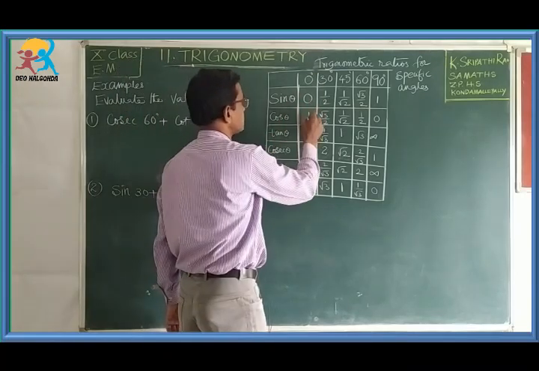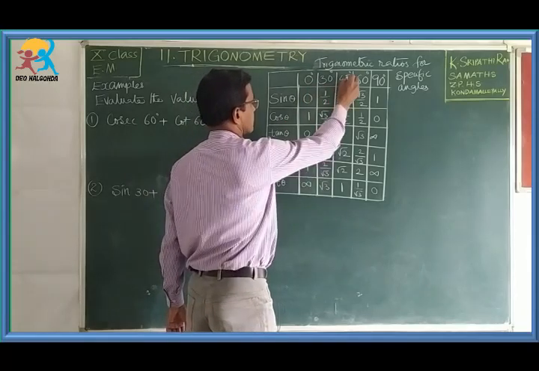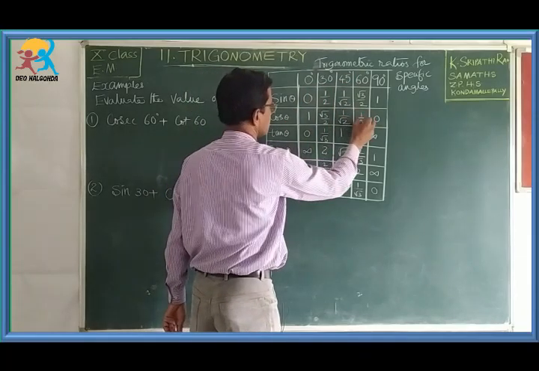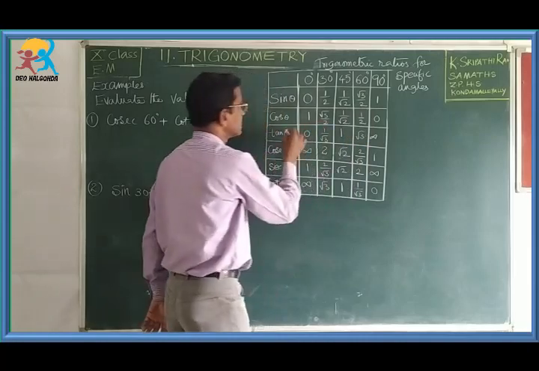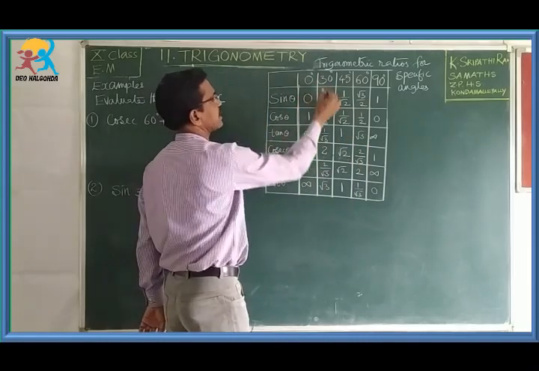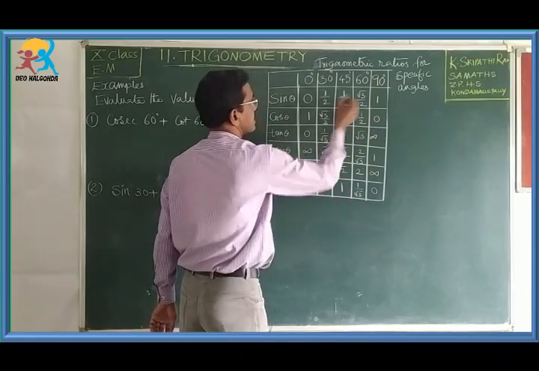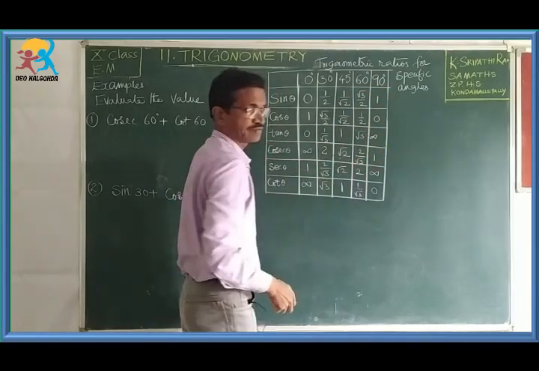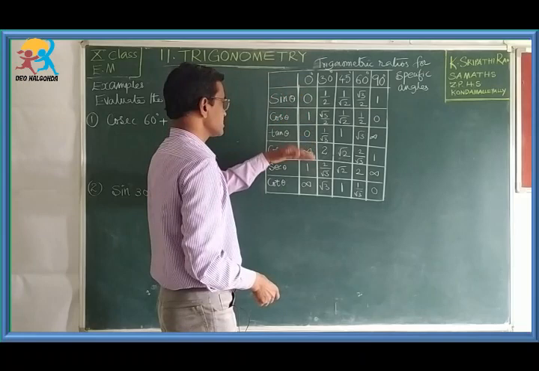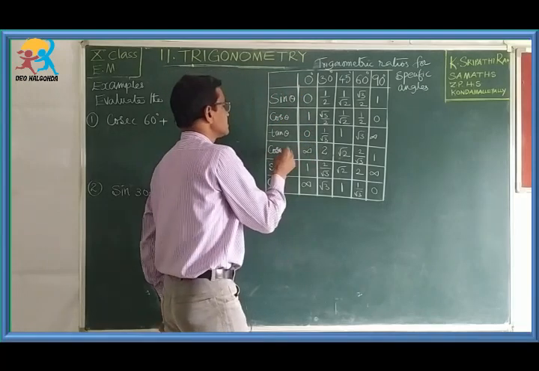Cos 0 is 1, cos 30 is root 3 by 2, cos 45 is 1 by root 2, cos 60 is 1 by 2, cos 90 is 0. Tan 0 is 0, tan 30 is 1 by root 3, tan 45 is 1, tan 60 is root 3, tan 90 is undefined. So using these we have derived all these values.